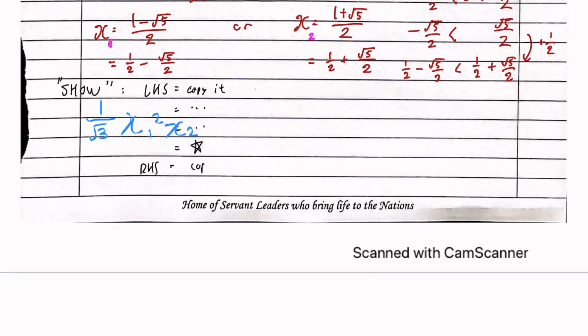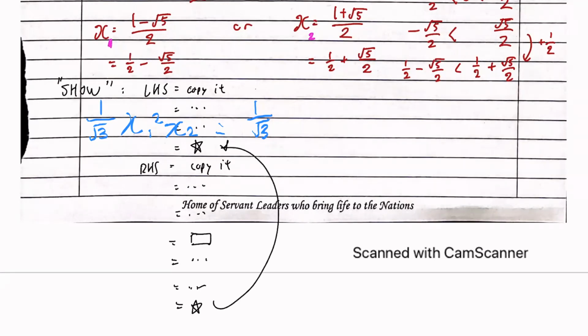You copy it down, and then you equate it to something. Eventually, you need to somehow lead it up to a rectangle. You still don't know what it is, but after a few more steps, you must link it back into the star. Must be the same here. Okay. Does that make sense?